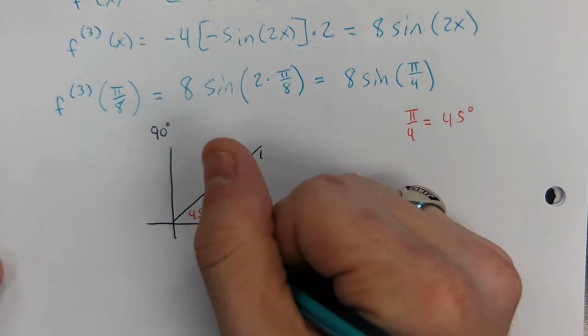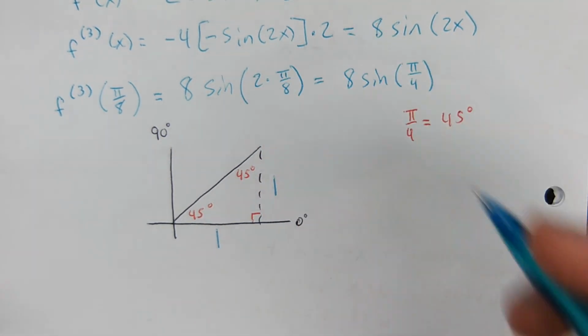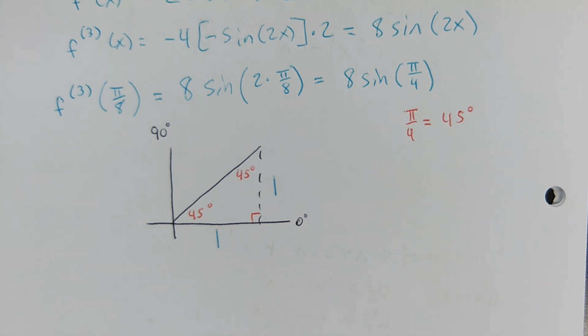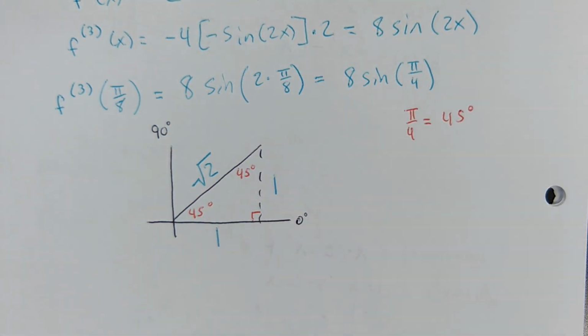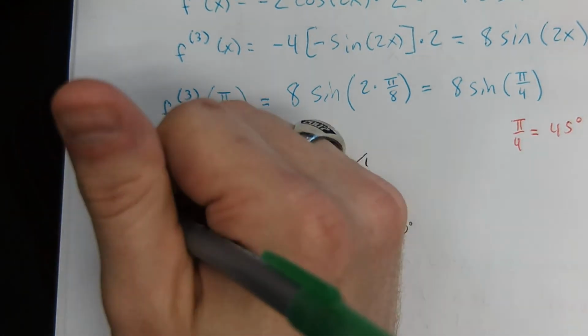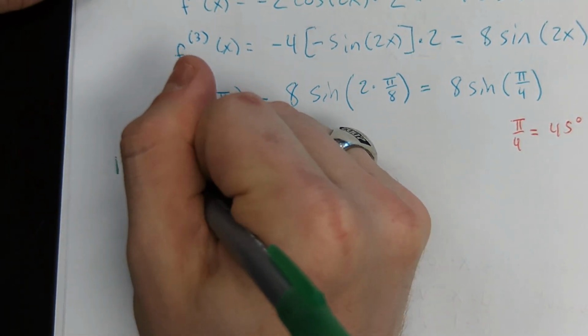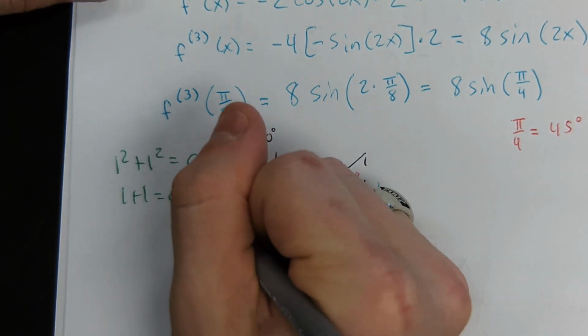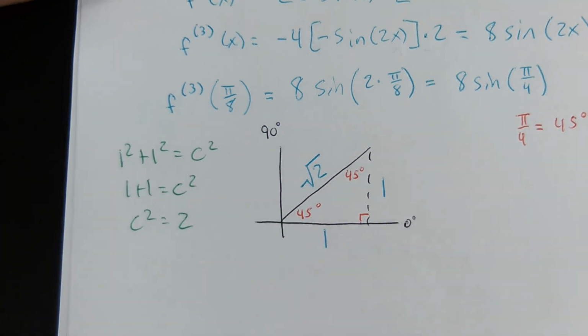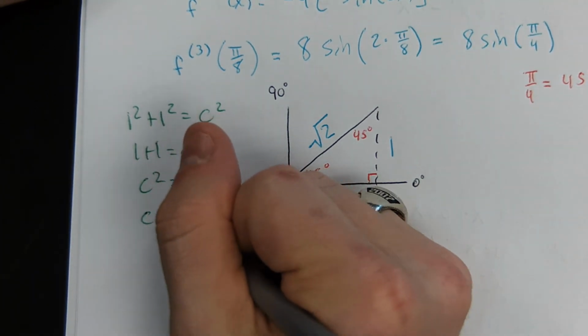Using the Pythagorean theorem: 1 squared plus 1 squared equals c squared. That means 1 plus 1 is c squared, so c squared is 2. Take the square root of both sides. The hypotenuse has a length of root 2.